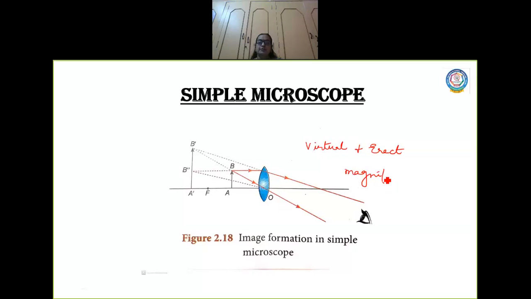You will be able to see a very enlarged image of the object. That is why we go for these microscopes. As I said earlier, what do we use microscopes for? Microscopes are used to view a magnified image of a small object. Okay, now this is the ray diagram for a simple microscope. And what are its uses?